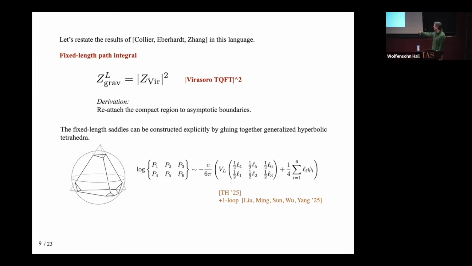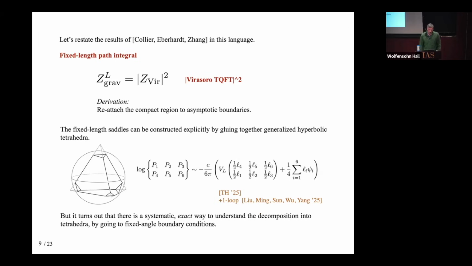And these become the building blocks for the fixed length saddle points that you construct. And you can check that the classical action of these saddle points agrees with the predictions of Virasoro TQFT using some asymptotic formula for the 6J symbol that relates it to the volume of the generalized hyperbolic tetrahedra plus some corrections from corner terms.